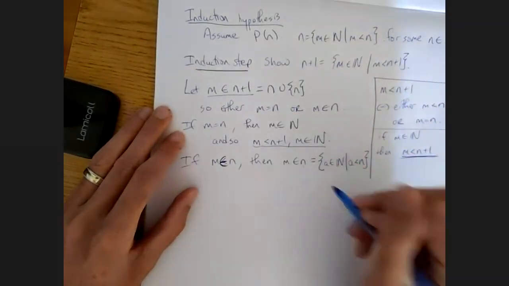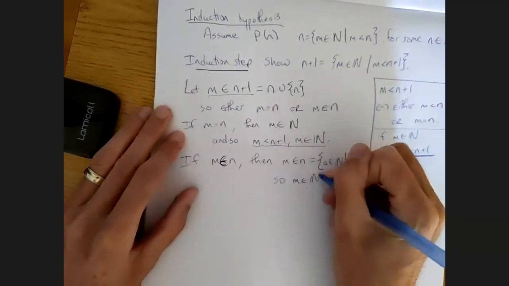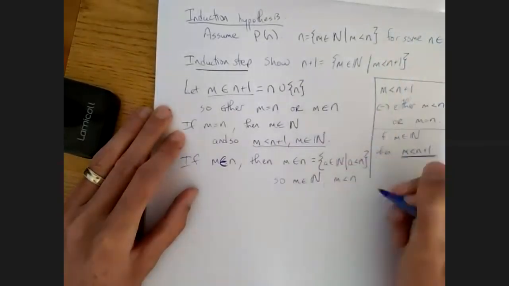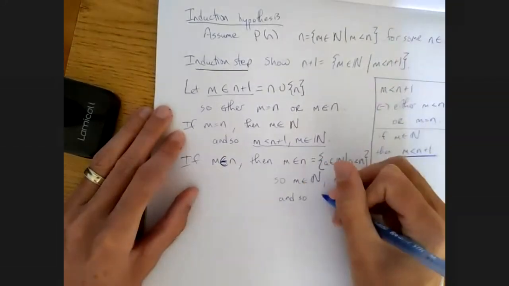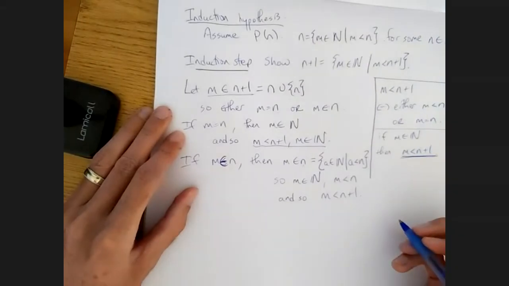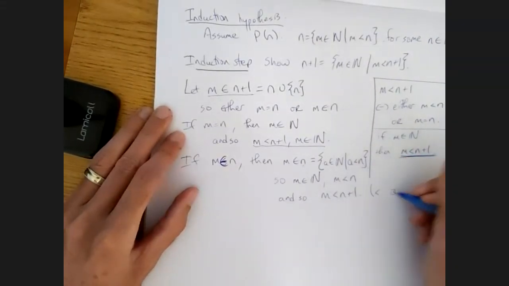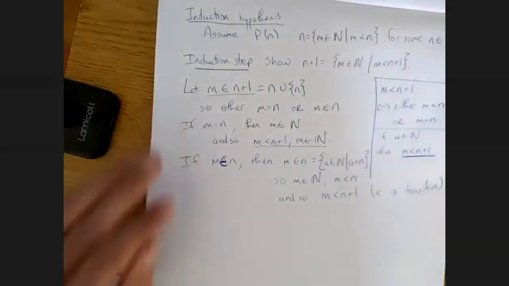So m is a natural number and m is less than n. And so m is less than n plus 1, because less than is transitive, as we have shown.